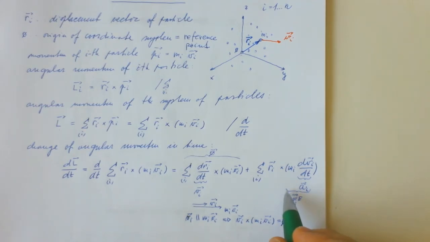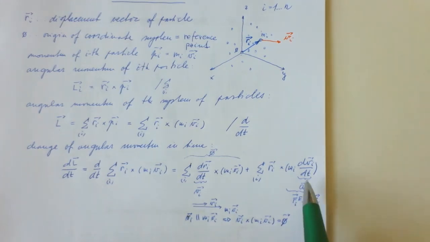And finally, we can write, mi ai is, from the previous calculation, the sum of forces acting on that one particle, so it is a resulting external force plus the sum of reactions from other particles.